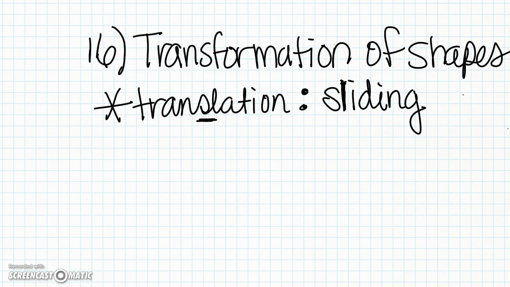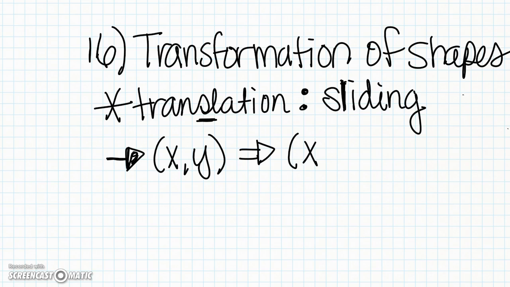Whenever we translate something to the right, we basically just add an a to the x-coordinate. So if you have x, comma, y, it becomes x plus a number, comma, y. The only thing that changes is your x.